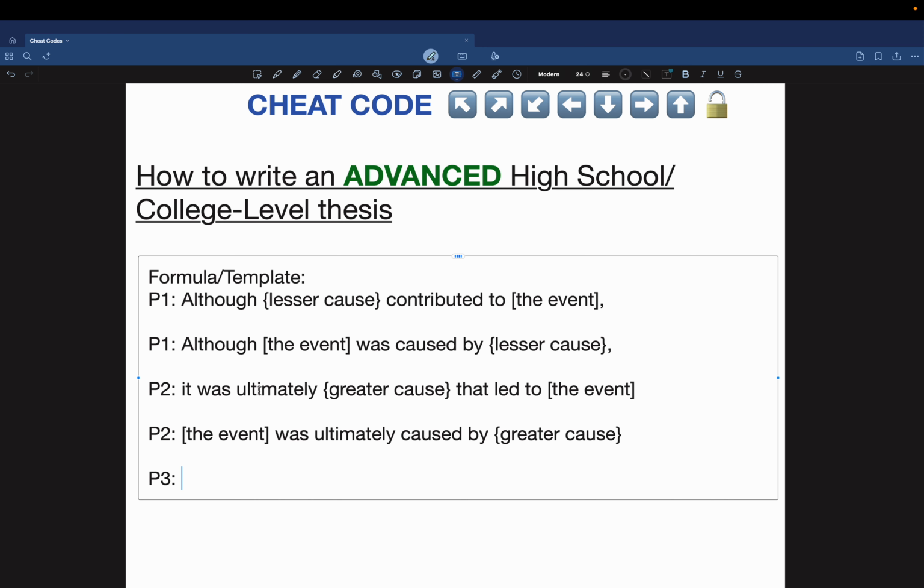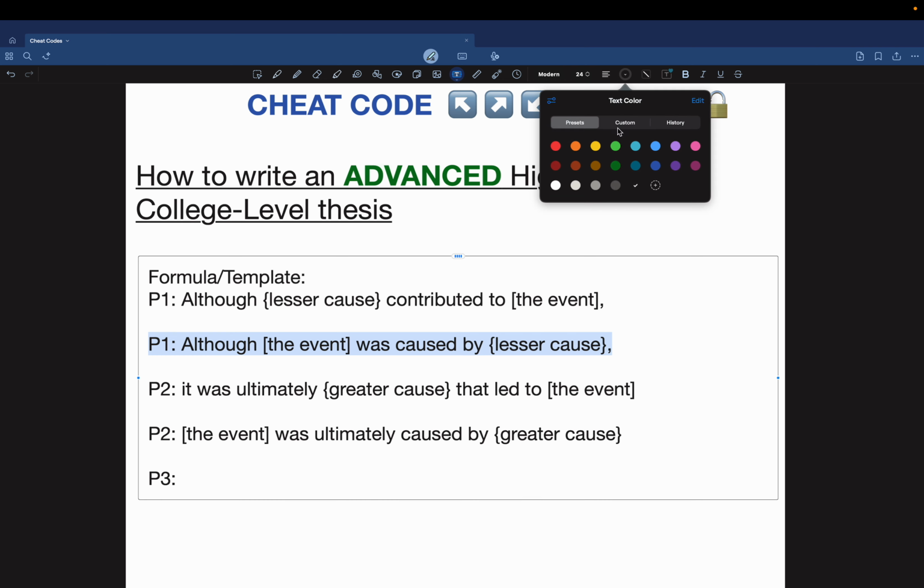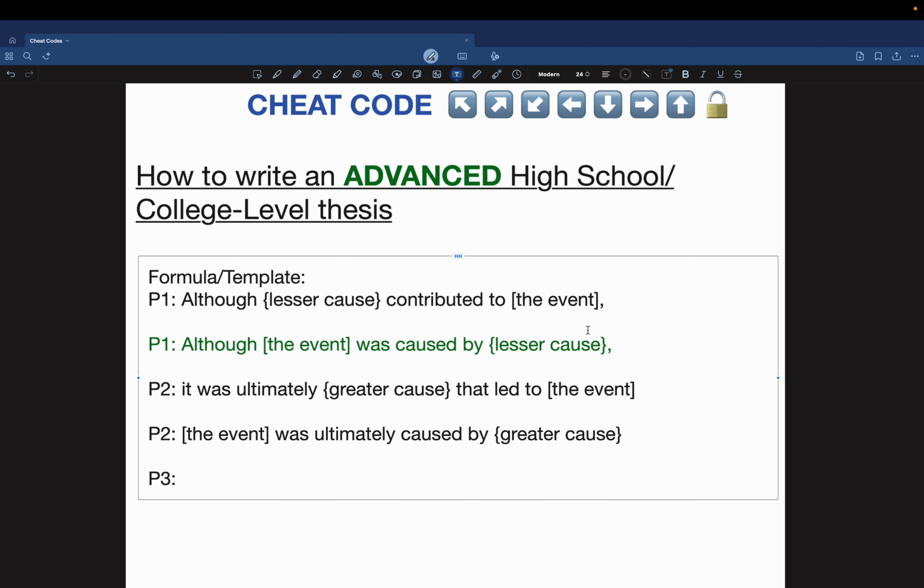And now we are going to focus on the so what, the significance. That's really how you make a more advanced thesis and demonstrate a higher critical thinking.